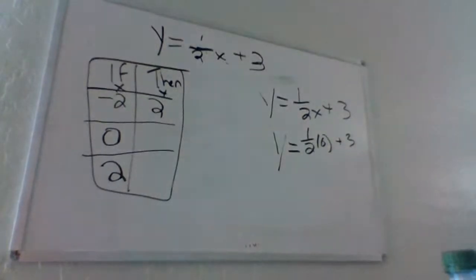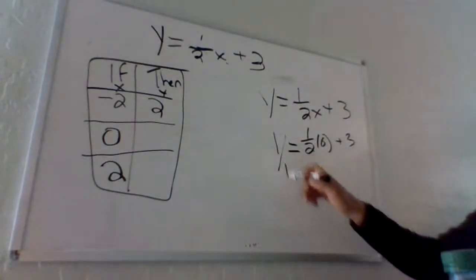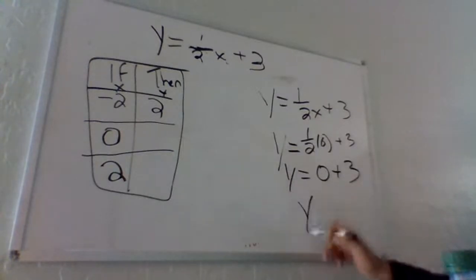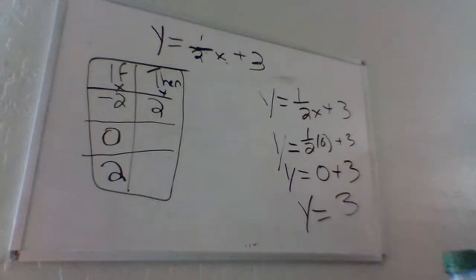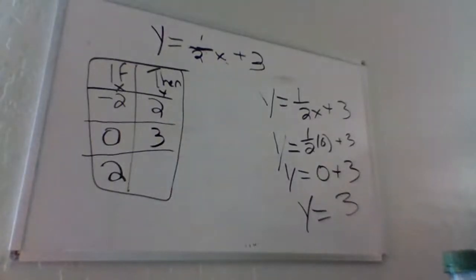Plus 3. So y equals 3. Okay, so half of 0 is 0, plus 3. Y equals 3. Questions about that? No. No question.